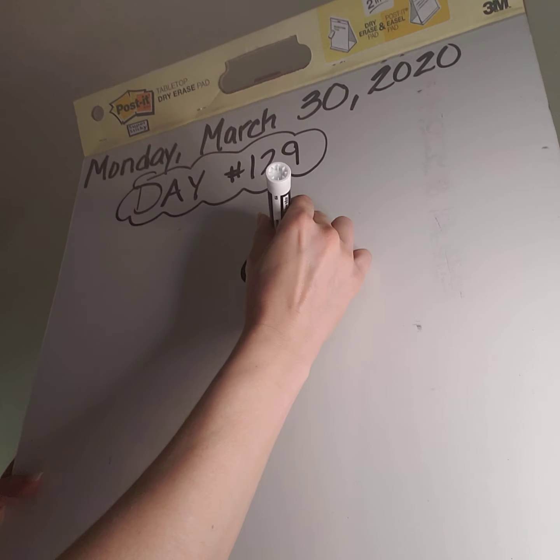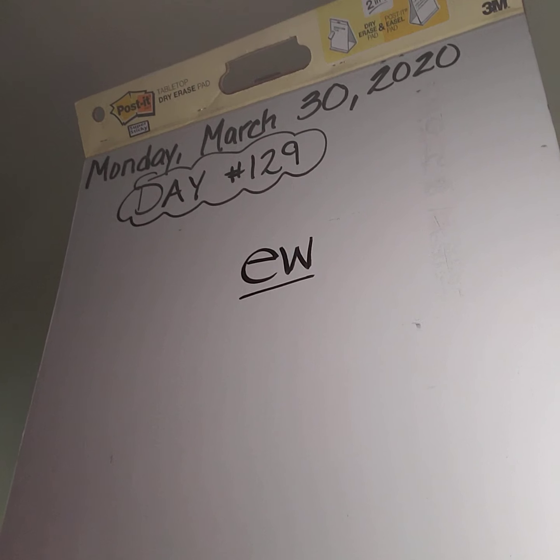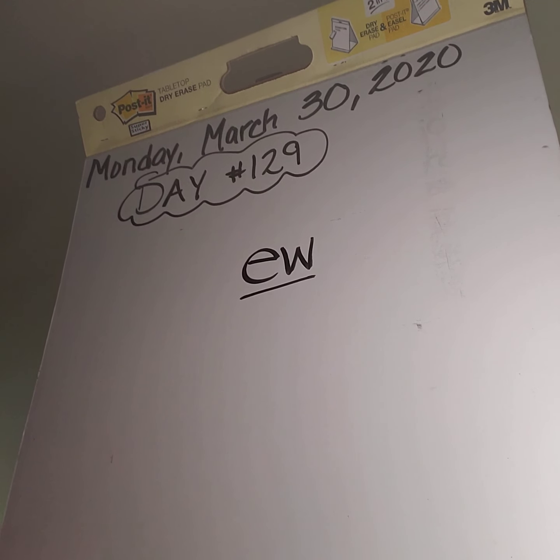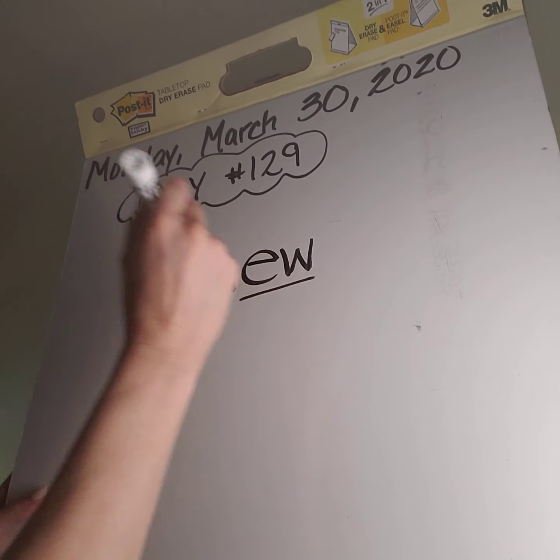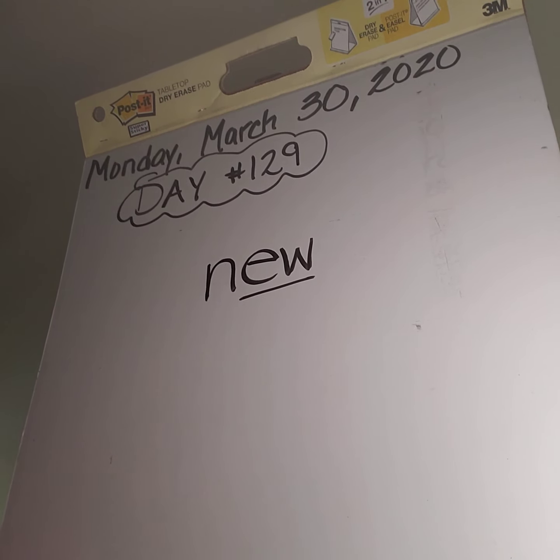So if we put this here, we just learned that EW says ooh. Now I'm going to add a letter N, and what does the letter N say? Yes, it says n. So this becomes new, and this is the type of new that is you buy something new or you learn something new.